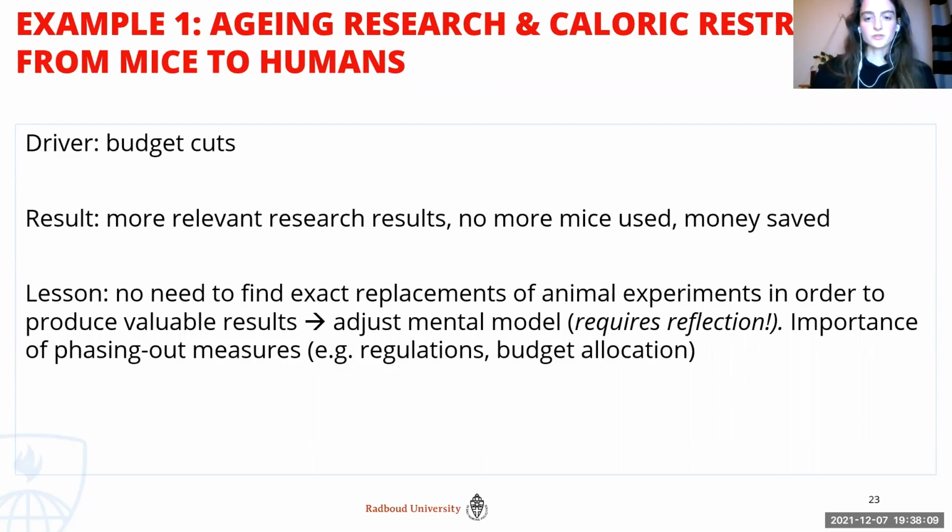But it also shows the importance of phasing out measures. So the budget cuts sound like something very negative, but it is also something that is needed to prompt change. And this could also be done through regulations.